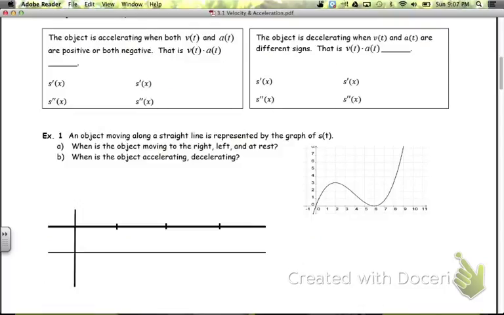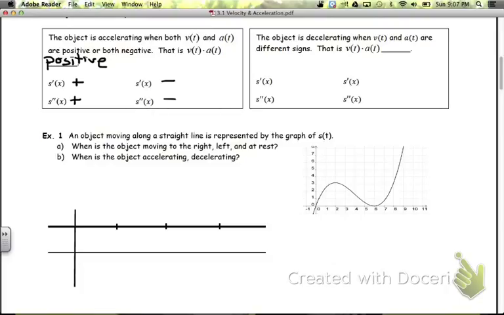So now let's discuss accelerating and decelerating. The object is accelerating when both v of t, our velocity, and a of t, our acceleration, are positive or both negative. This is when v of t times a of t is positive. So when looking at this, our s prime of t would be positive and our s double prime would also be positive, or both would be negative.